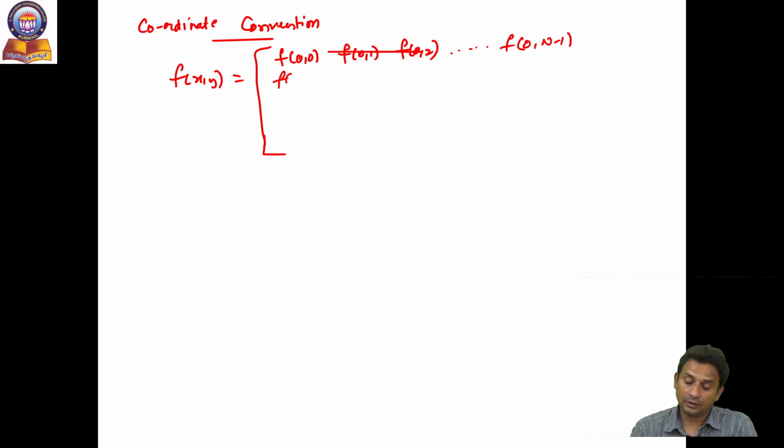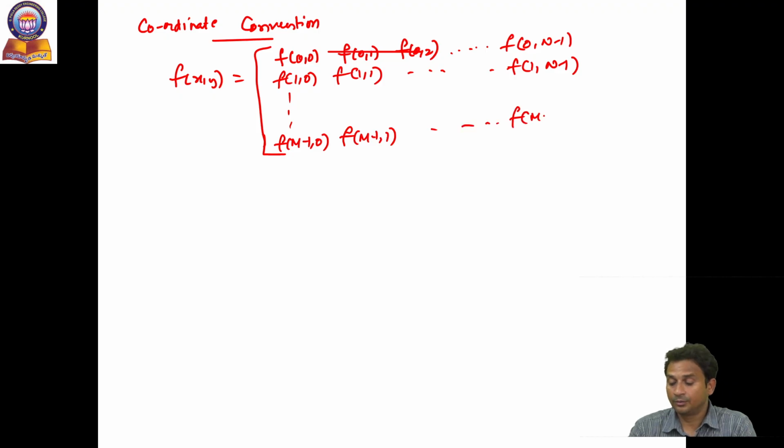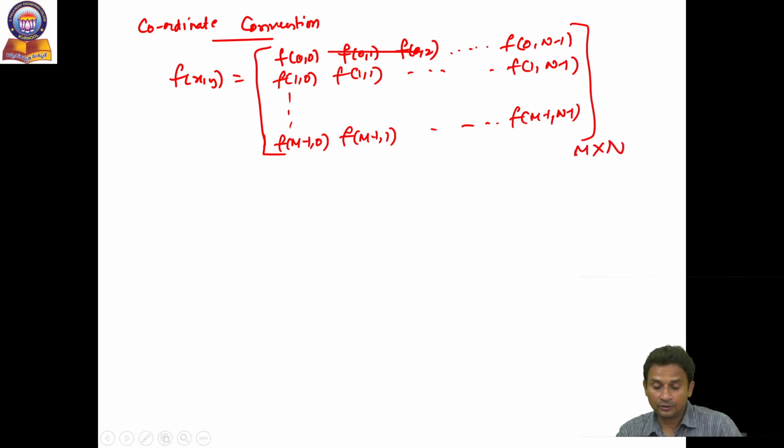In the second row, f of 1, 0, f of 1, 1, up to f of 1, n minus 1. If you assume m rows, then f of m minus 1, 0, f of m minus 1, 1, and so on, up to f of m minus 1, n minus 1. So this is the standard coordinate convention for an m by n digital image.